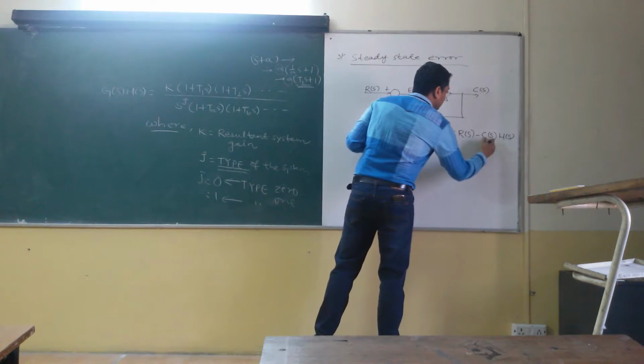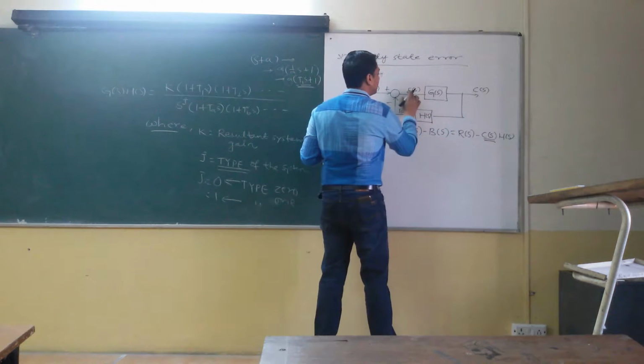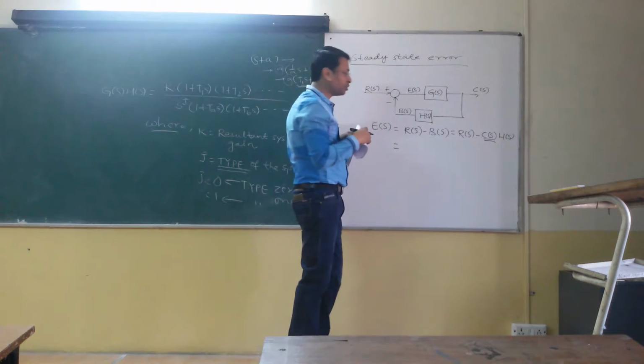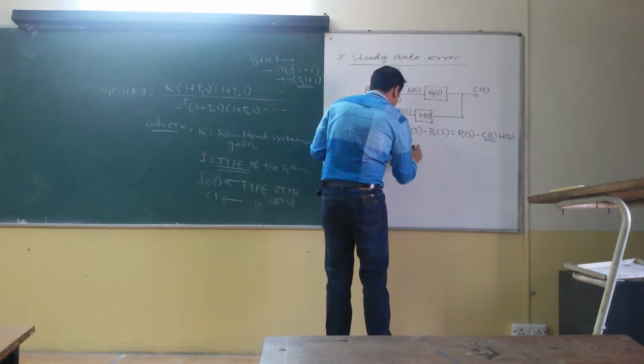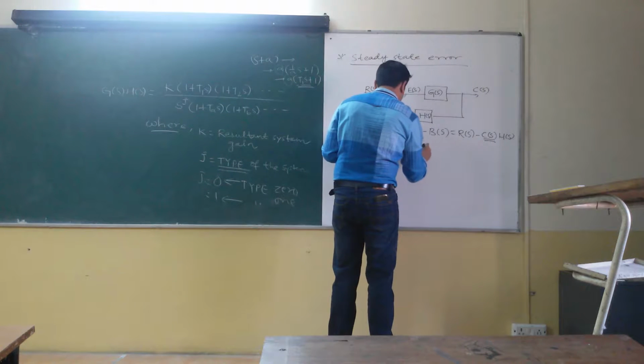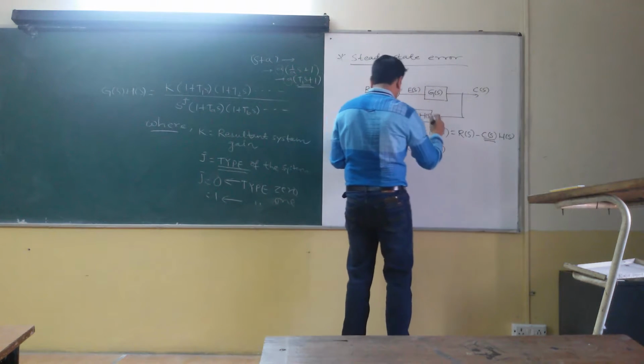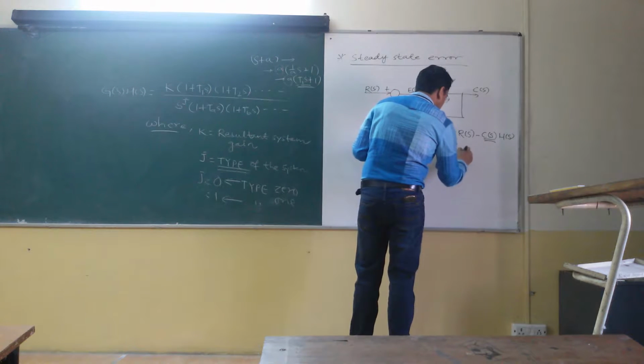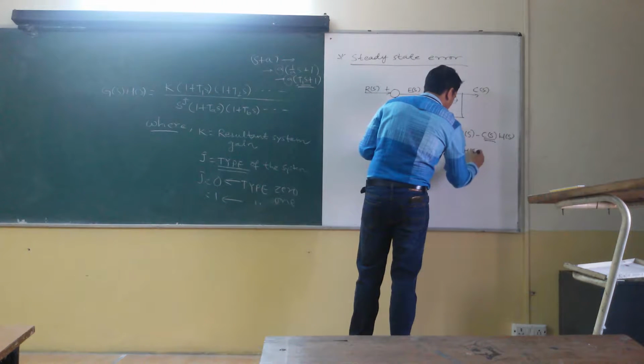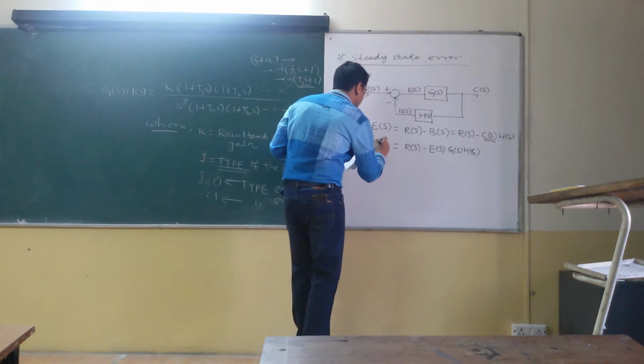Equivalently, C(s) is equal to E(s) multiplied by G(s). So you can write R(s) minus E(s) multiplied by G(s), and this is your E(s).